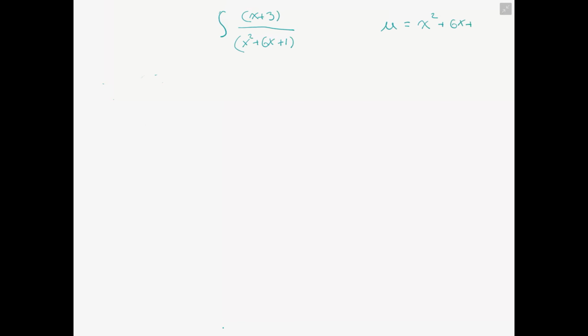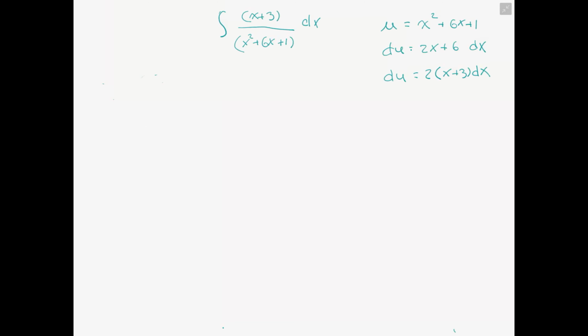So why don't we just take the whole denominator and make that a substitution here. So we have u equals x squared plus 6x plus 1, du equals 2x plus 6 dx. And now that is twice, and I forgot my dx here.